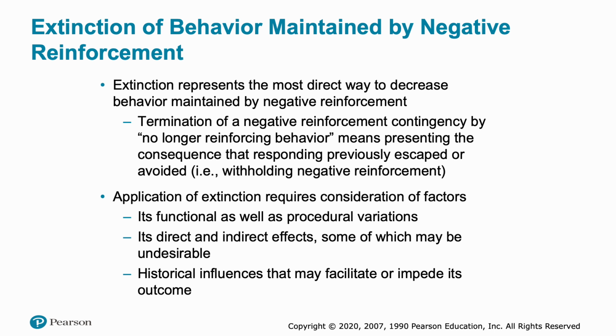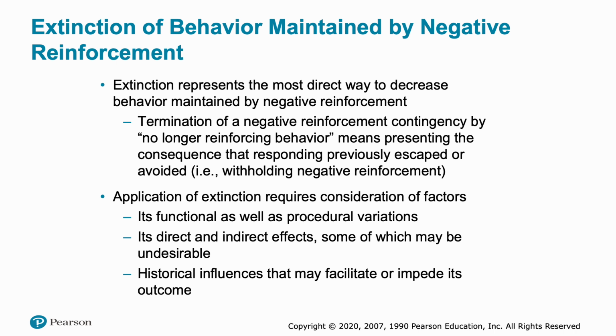So functional communication training involves an extinction component, right, where we're no longer delivering reinforcement or allowing escape for the problem behavior, but it also incorporates an appropriate alternative replacement behavior that's being taught and is being reinforced. So functional communication training is a less restrictive intervention than escape extinction.